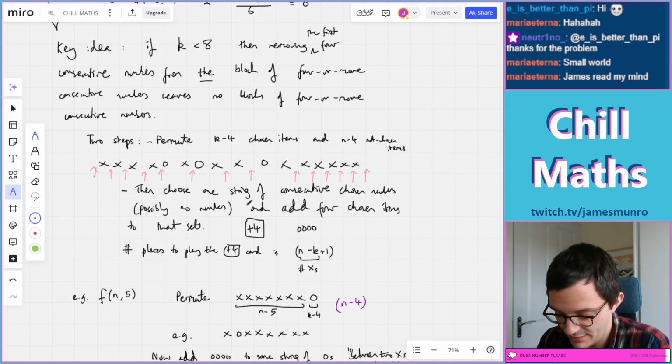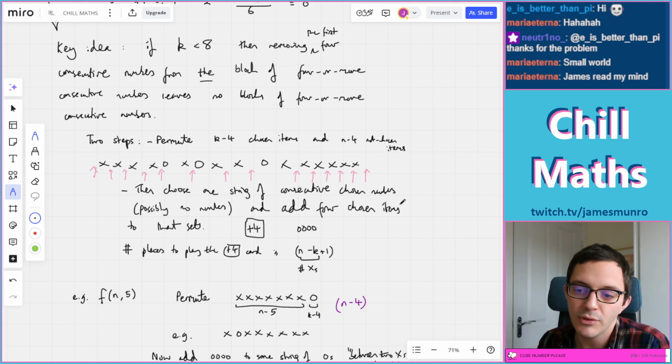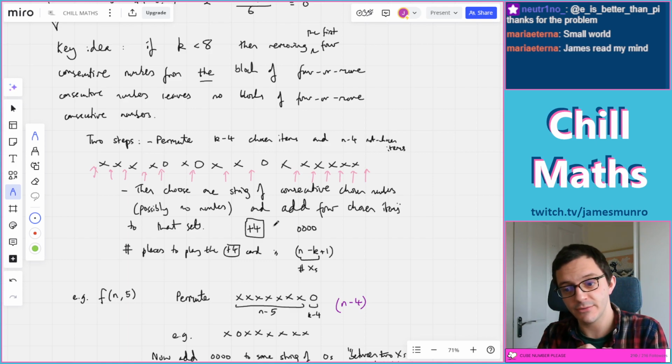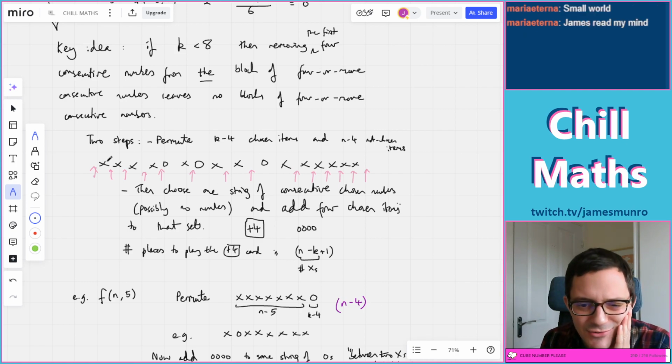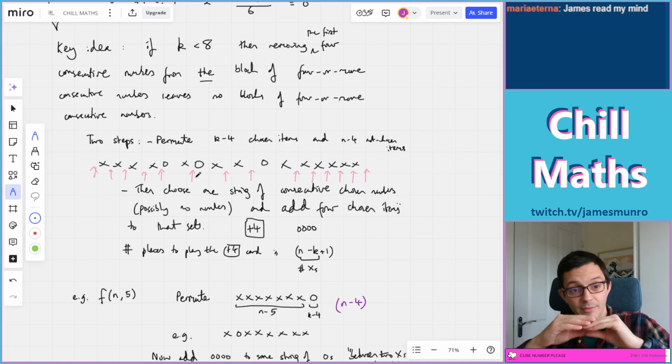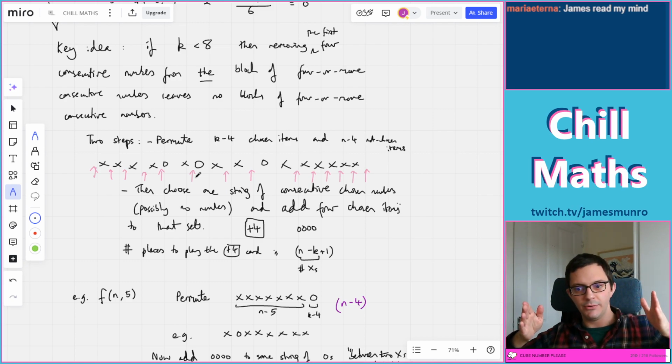The key idea, I think, is that if you're not picking very many cards, then you can imagine that the string of 4 or more came from adding 4 to the front of a string of selection indicators. I've got this weird thing going on where I'm doing these crosses and circles because I'm going to end up with my 100 symbols in a row.